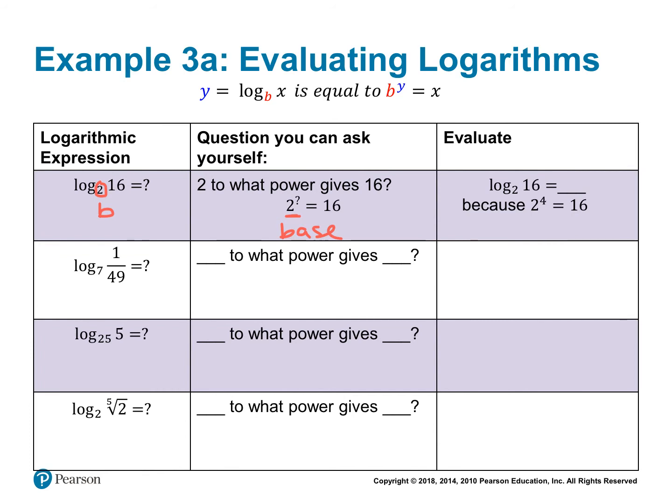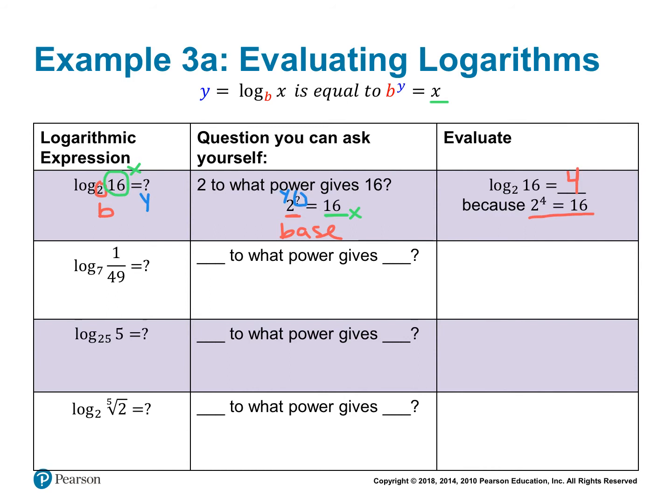Then the exponent is whatever it equals, so we don't know that. That's our y. And then our x is whatever's at the end, which is over here. That's our x. Okay, so 2 to what power gives 16? The answer to that is a 4, because if you did 2 times 2 times 2 times 2, you would get 16.